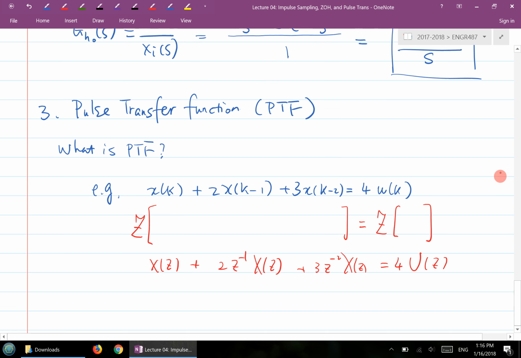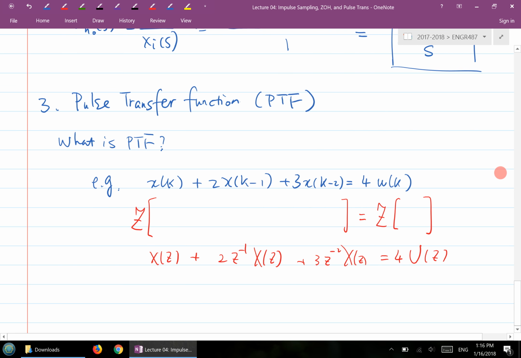That's the result, and then you derive a connection between the output and the input. And here you get 4.